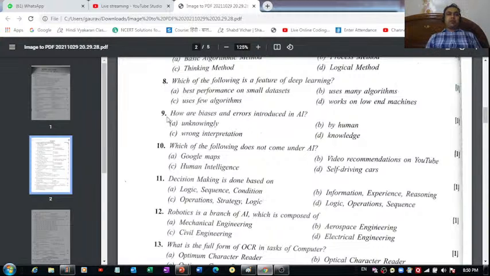Okay, then question number 9 says, how are biases and errors introduced in AI? Unknowingly, or by human wrong interpretation or knowledge. Biases and errors are introduced in AI by humans. It's the humans who train the AI model.